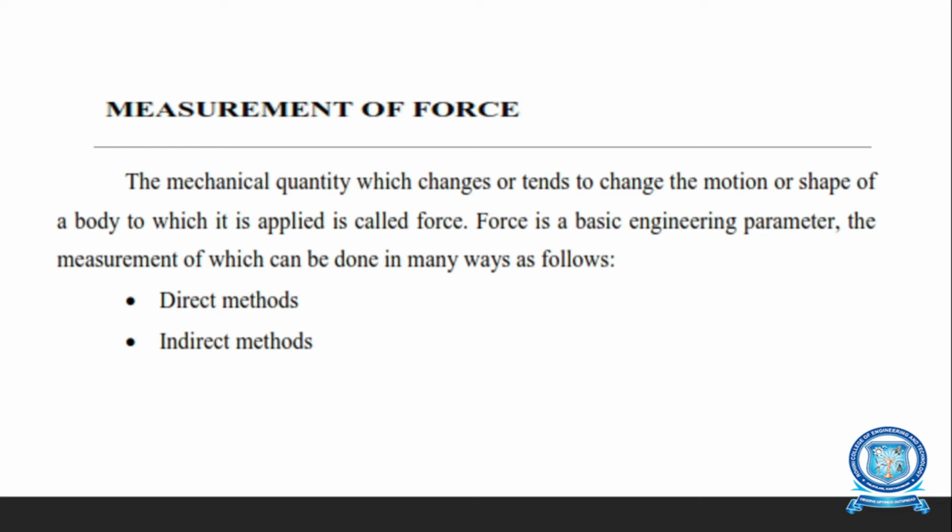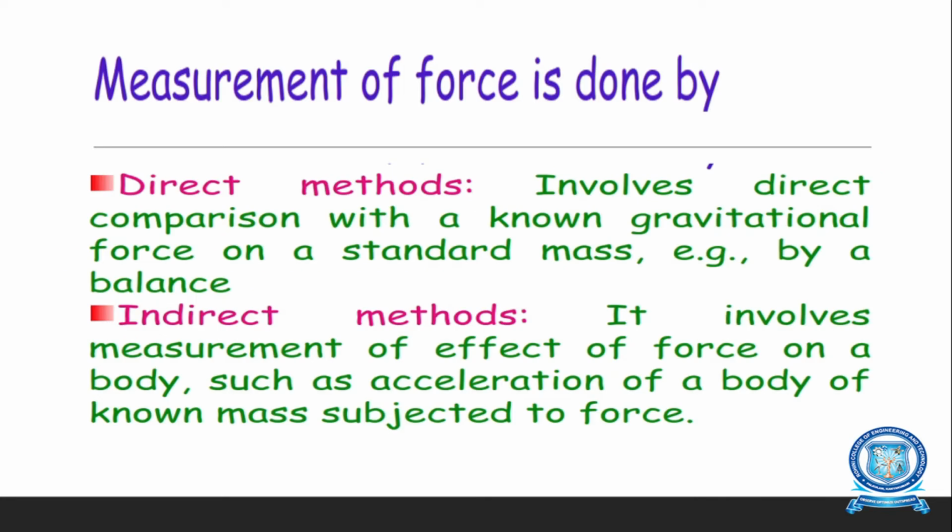Force measurement can be done in many ways: direct methods and indirect methods. First we should know what is meant by direct method and what is meant by indirect method.